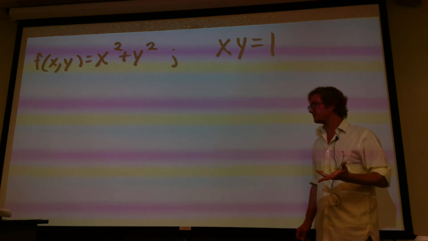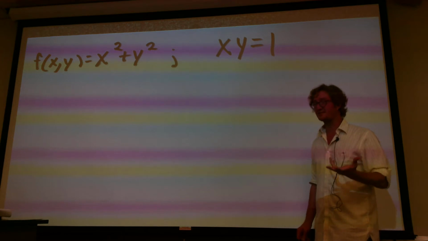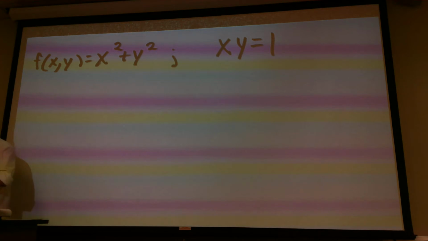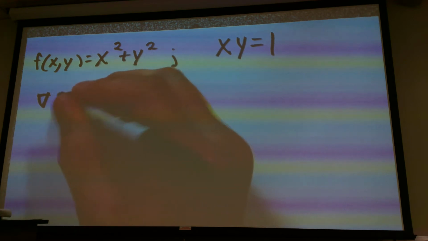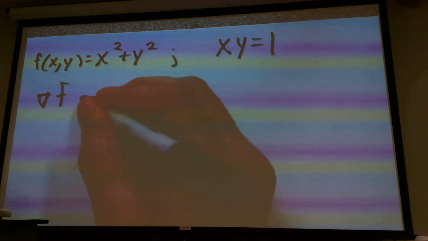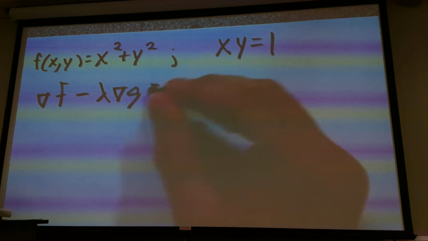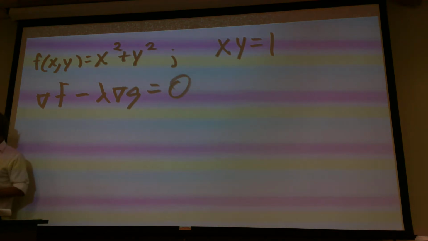So what we're going to do is take the gradient of f minus lambda times the gradient of g and set that equal to 0. So the problem we want to solve is the gradient of f minus lambda times the gradient of g equals 0, just moving that lambda gradient of g to the other side.